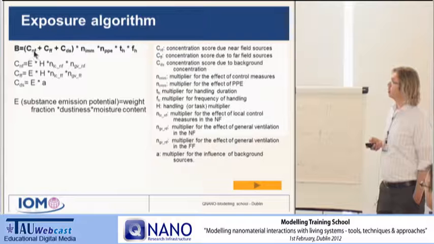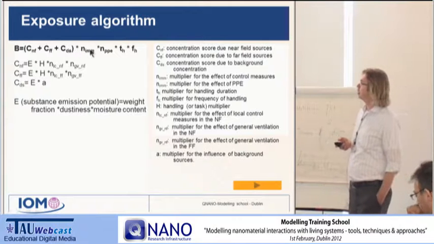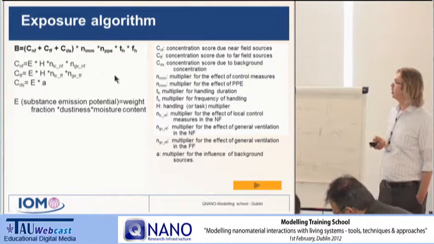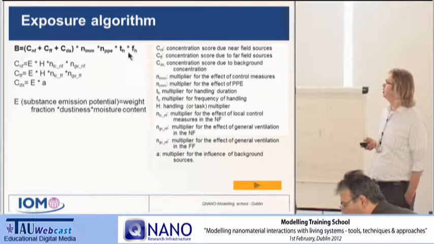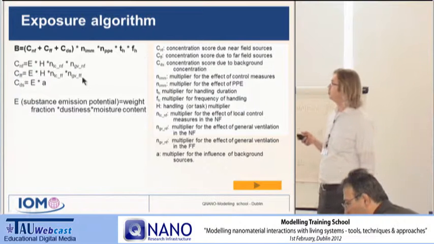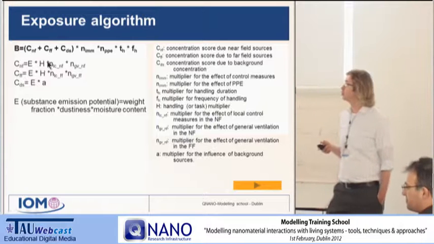And it's basically a function of the concentration due to near field sources, far field sources, and background concentration. It applies functions for control measures, GF for general ventilation, and TF for duration and frequency. What they've done is you don't have to give the scores yourselves for these.